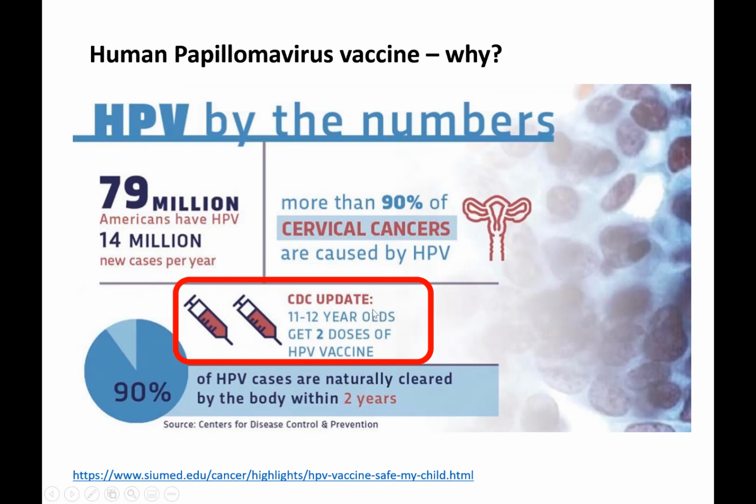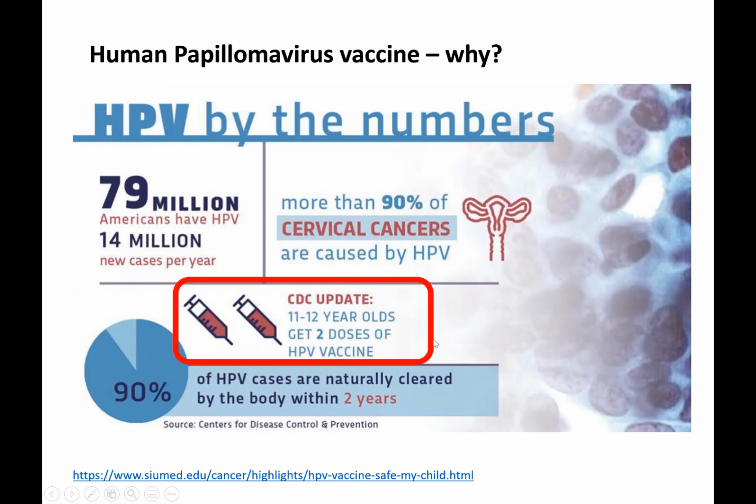So even though there's a high level of HPV out there, most of us, our bodies clear it, get rid of the virus. So 79 million Americans have HPV. More than 90% of cervical cancers are caused by HPV. And like I said, this number's in the 90s all over the place, depending on what source you look at.